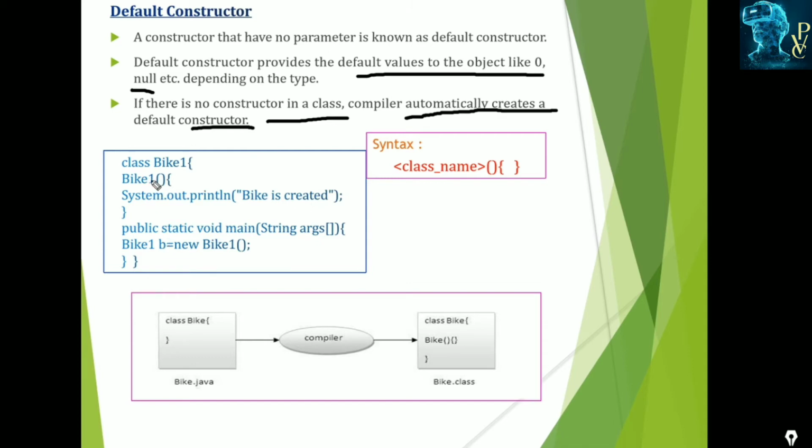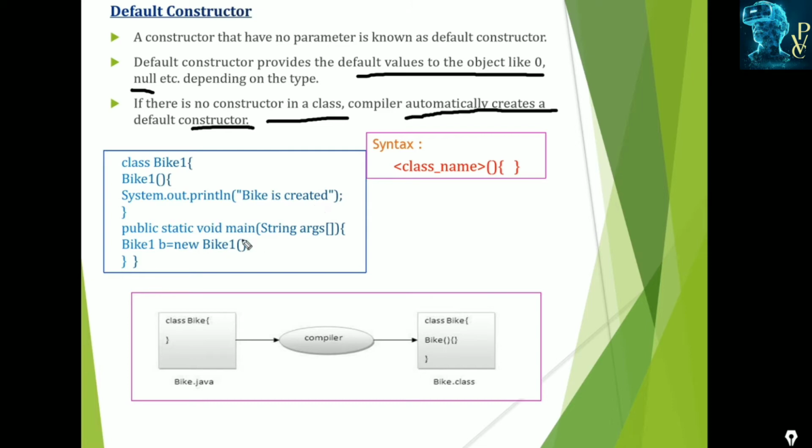For example, here I created one class, that is Bike1, and Bike1 with parentheses means this is the constructor whose name is the same as the class name. Here it displays one print statement, that is, Bike is created.